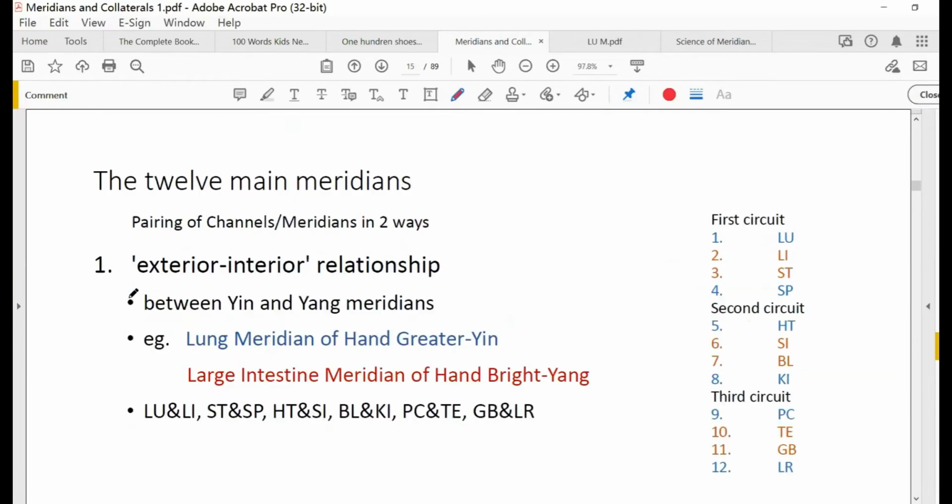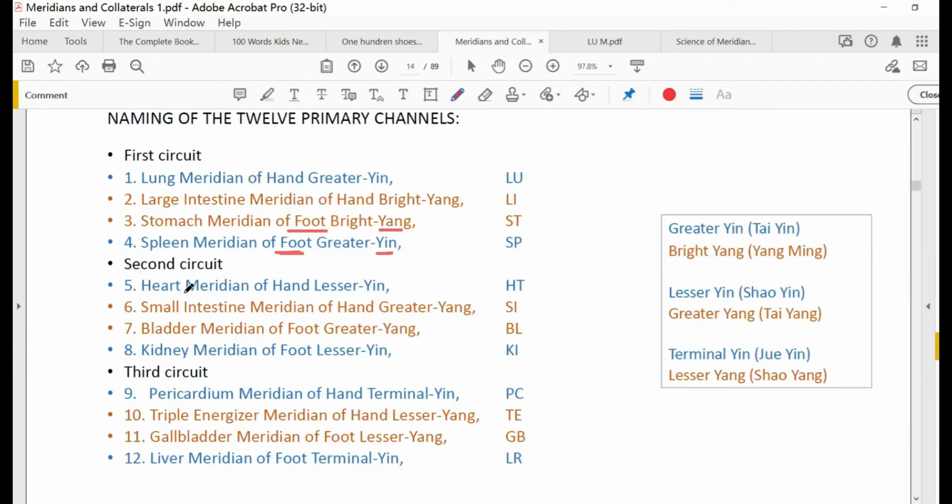The fifth: heart meridian of hand lesser yin. Small intestine meridian of hand greater yang. Bladder meridian of foot greater yang. Kidney meridian of foot lesser yin.